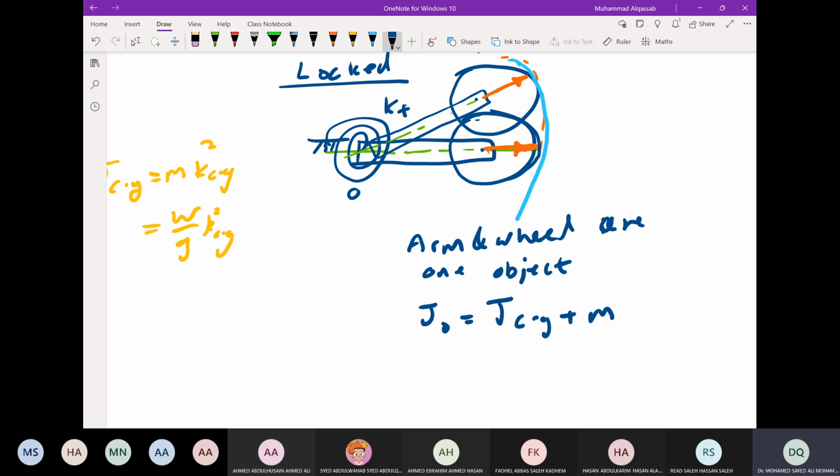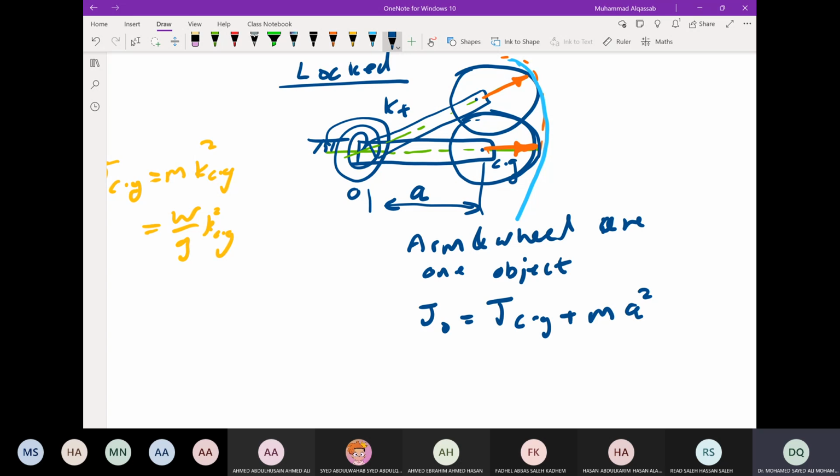We say the distance is A. A is the distance between CG and O. I have to explain this for you because there's something maybe new for you.